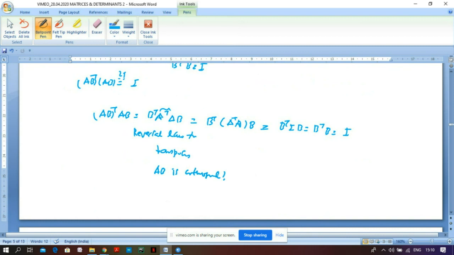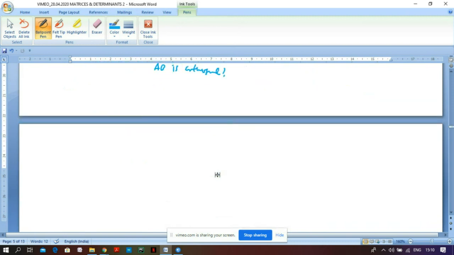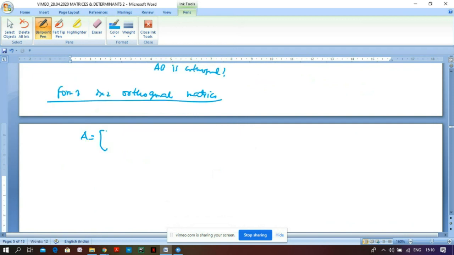Let me now solve and find out the form of 2 by 2 orthogonal matrices, which is very useful in applications. So the general form of 2 by 2 orthogonal matrices: we want matrices A, again with entries a, b, c, d, such that A transpose A equals I. So we want to solve for all 2 by 2 orthogonal matrices and prove that they are of a certain form.